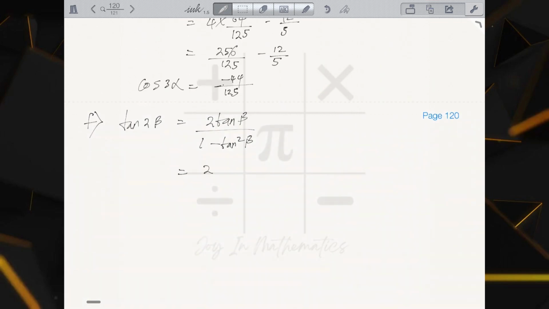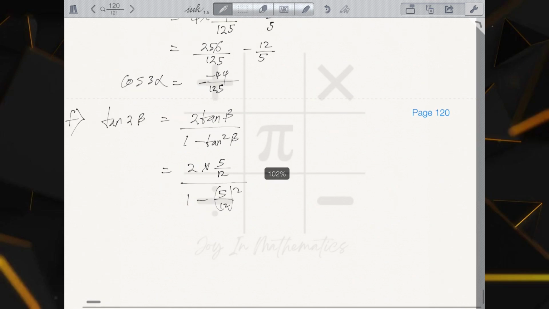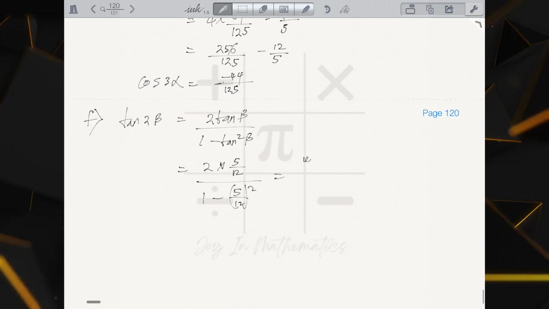So let's make our substitution of tan beta equals 5 over 12. So we have 2 multiplied by 5 over 12 divided by 1 minus 5 over 12 squared. So simplifying further, this will result into 10 divided by 12 divided by 1 minus 25 over 144, because 5 squared is 25 and 12 squared is 144.